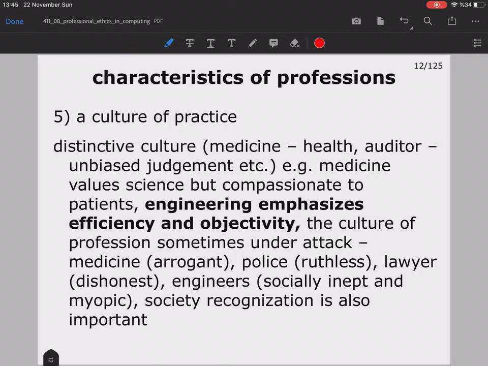But to a degree, of course, we cannot say that every member of that profession is like this, but these are typical stereotypes, and society's recognition is also important in the characteristics of professions as well.